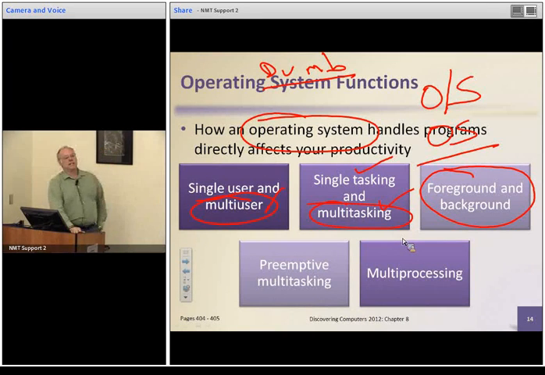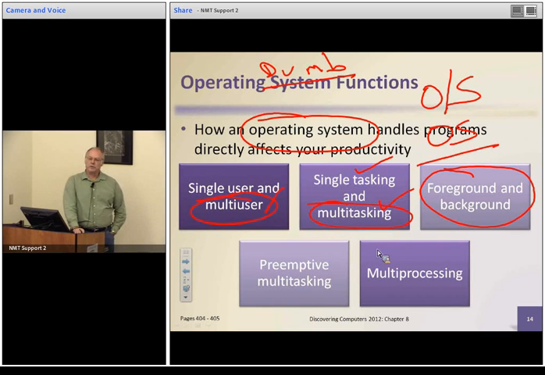And that's sending you the signal of my desktop and my video and audio. So those are foreground. In the background might be, I have the login screen for Adobe Connect in the background. I might have a bunch of programs in the system tray. This thing at the bottom. Those are background. That means they're not really running right now.